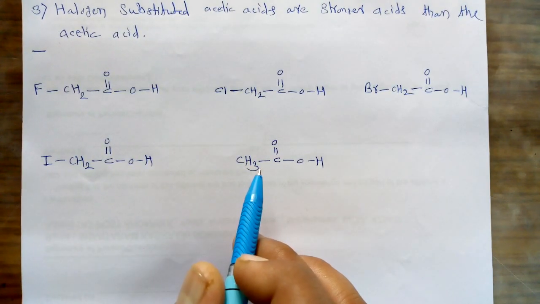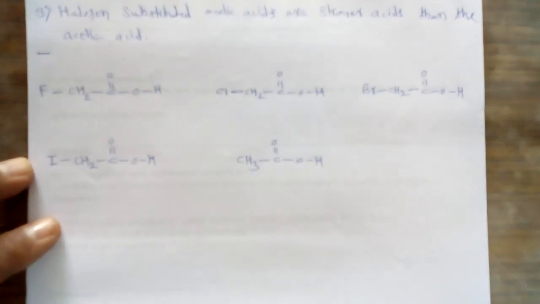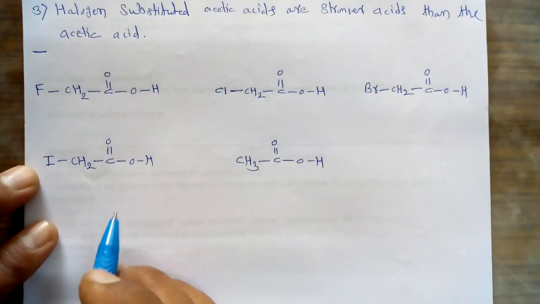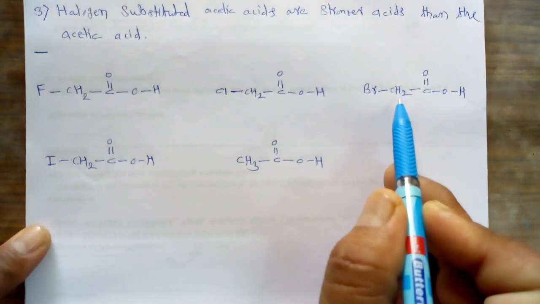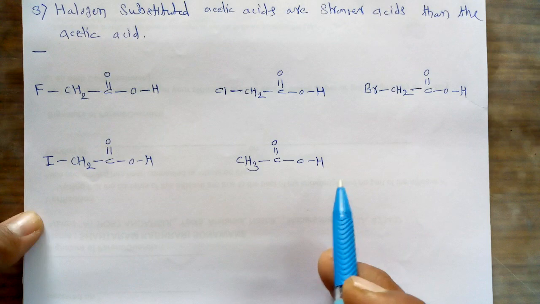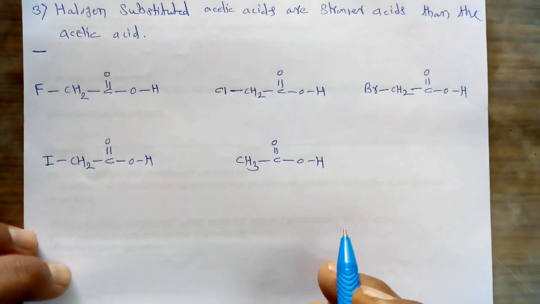We know very well that as far as the inductive effect is present, it affects the strength of acidity. In all these examples, the inductive effect is present. Fluoroacetic acid, chloroacetic acid, bromoacetic acid, iodoacetic acid and plain acetic acid, each acid has the presence of the inductive effect. So what type of inductive effect is there?